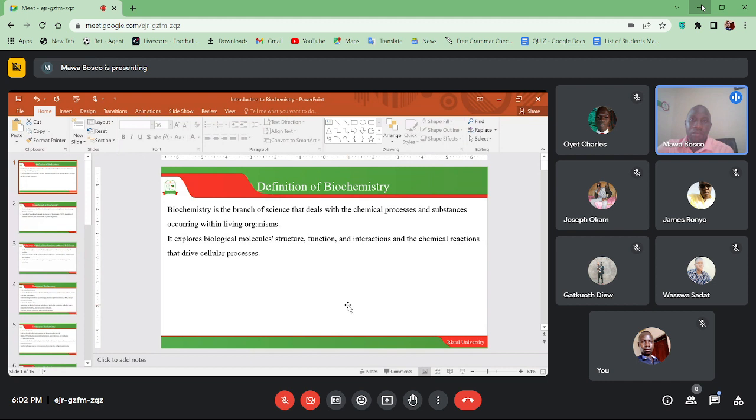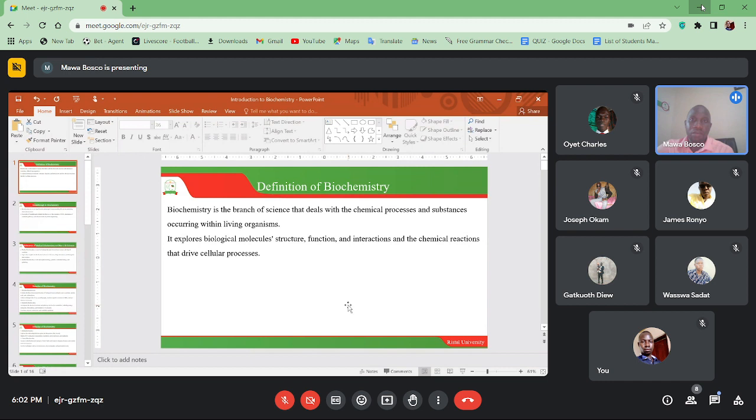Therefore, to prevent people from getting sickle cell, we encourage what we call genetic counseling. Before people get married, they have to go for genetic screening to check if they carry the trait for sickle cell.